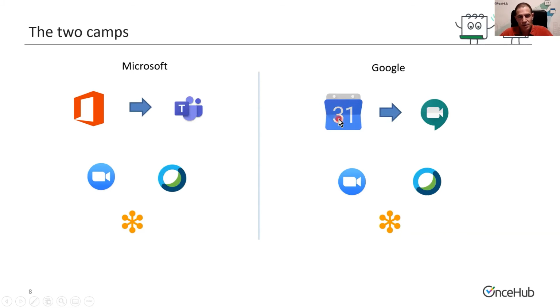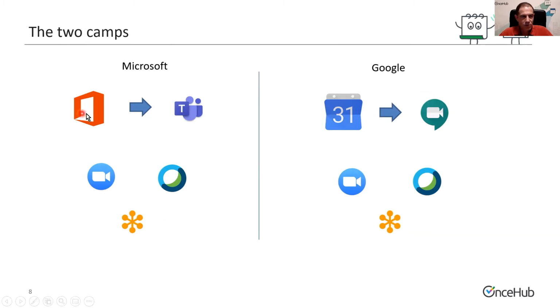Same goes with Google. If you're connecting your Google Calendar, you have Google Meet automatically enabled. So these are the two camps, Microsoft and Google, and then you have the independent tools: Zoom, Webex, and GoToMeeting. And if you want to offer options, you're either in this camp or this camp.